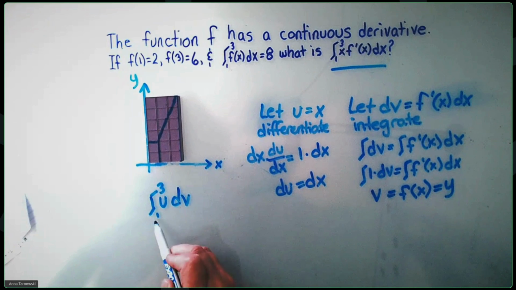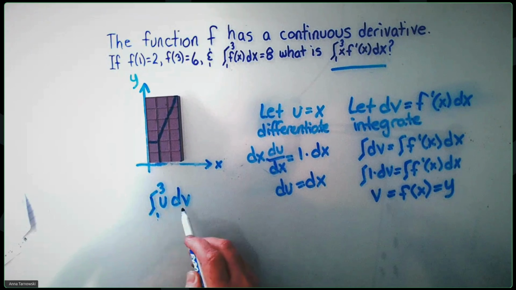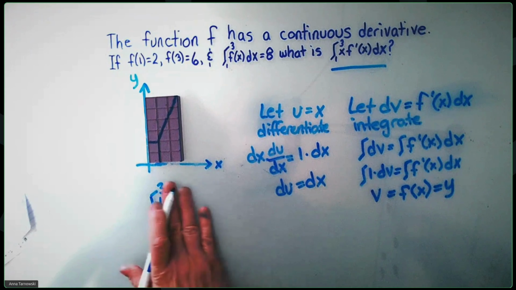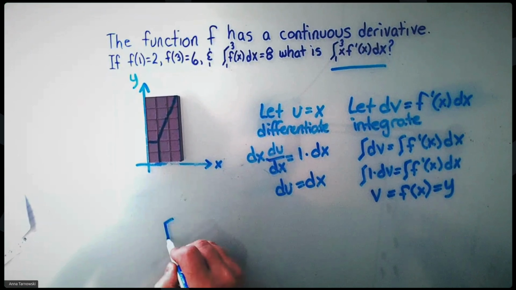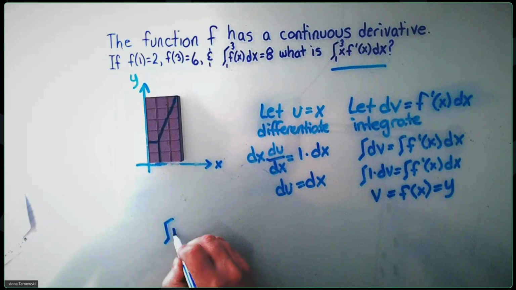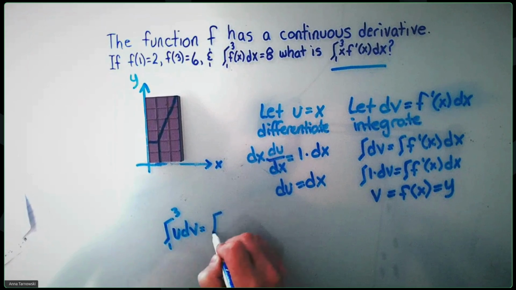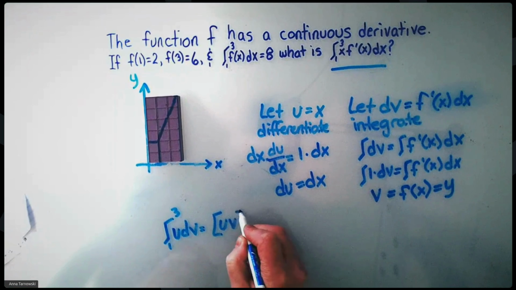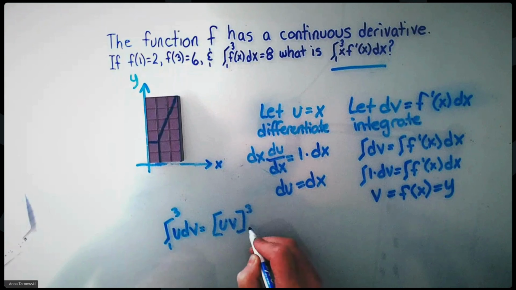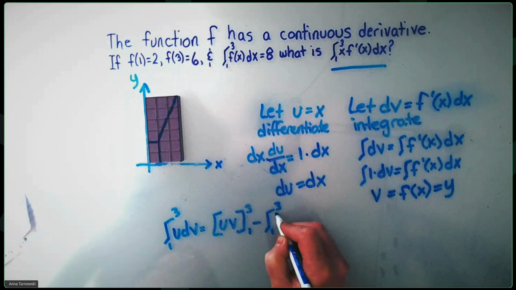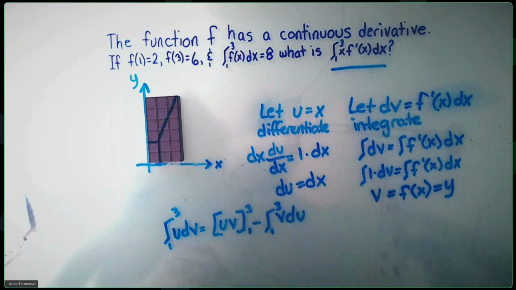Okay, so we are on the integral from 1 to 3 of u dv. And before, remember I told you that that's the same as, let me write this down here. That is the same as this. Okay, and so all we need to do now is just substitute things in here.